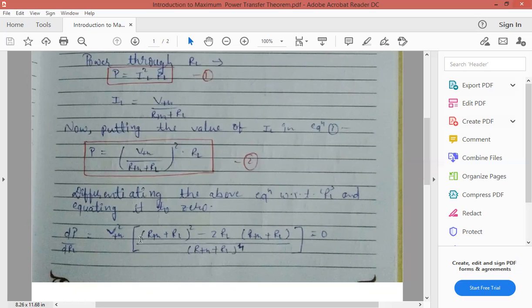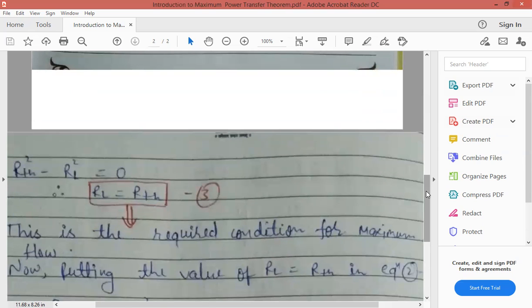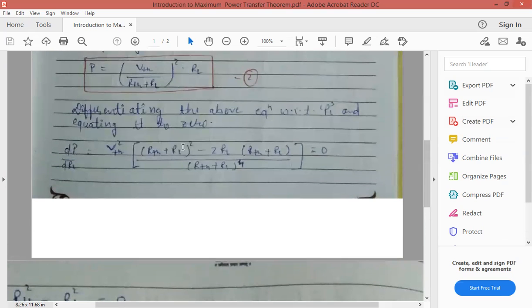Now we take VTH square common. When VTH square goes to the other side, it will be 0.